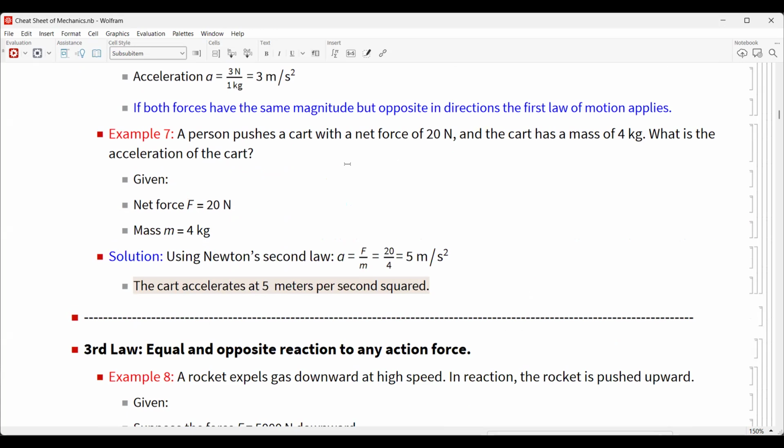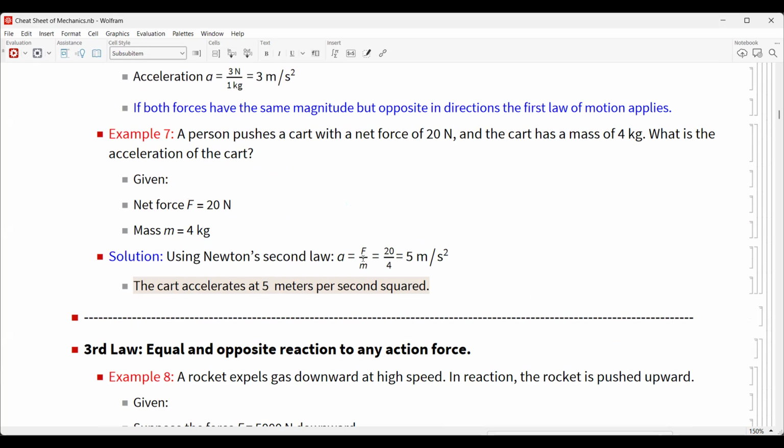Okay, another example: a person pushes a cart with a net force of 20 newtons, and the cart has a mass of 4 kilograms. What is the acceleration of the cart? All right, so the net force here is equal to 20 newtons. Mass is equal to 4 kilograms.